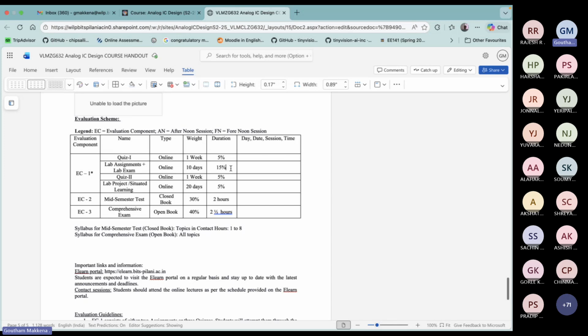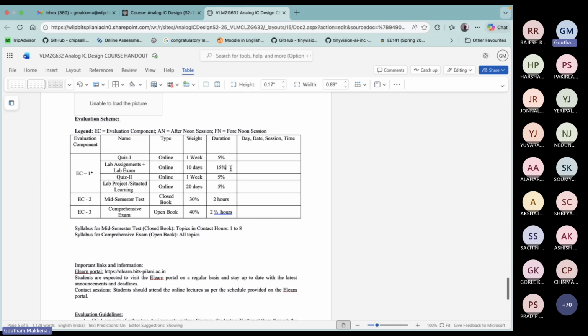I think 2 labs will be planned before the mid exam, and 3 lab sessions will be performed after the mid exam, and usually the lab exam ends before the comprehensive exam itself, 1 week or 10 days before. So this is the evaluation plan, with the percentage of each of these components.